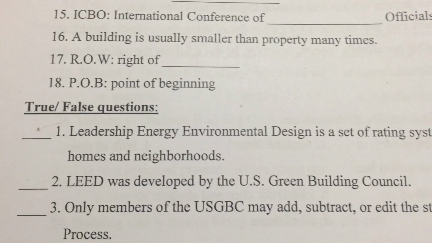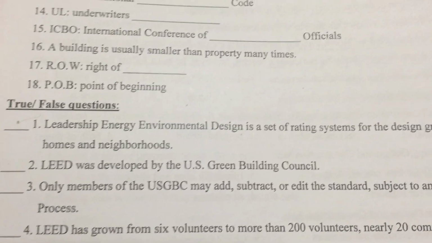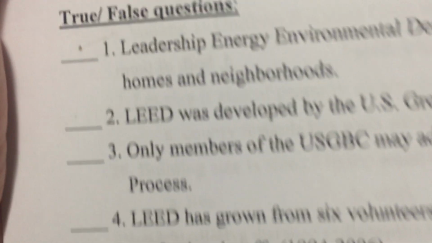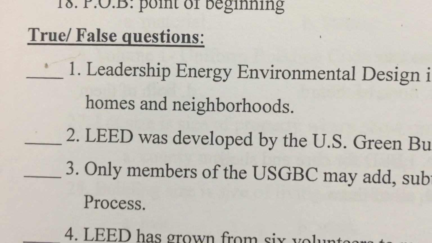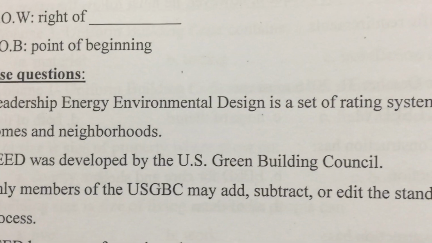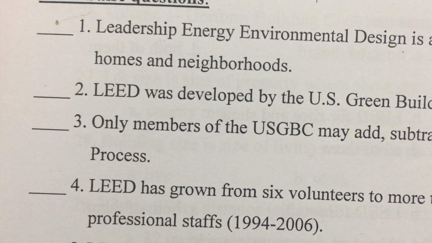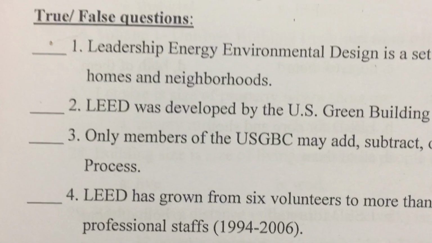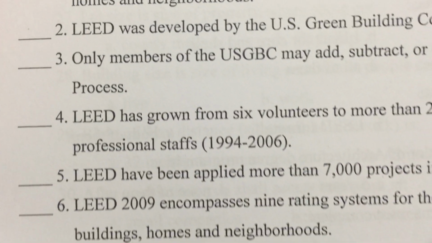I give a statement or some question, and the student needs to answer either true or false. So that's why I call that true false. For example, I say LEED was developed by the U.S. Green Building Council, and the student can say true or false. And I give around 20 questions about that.